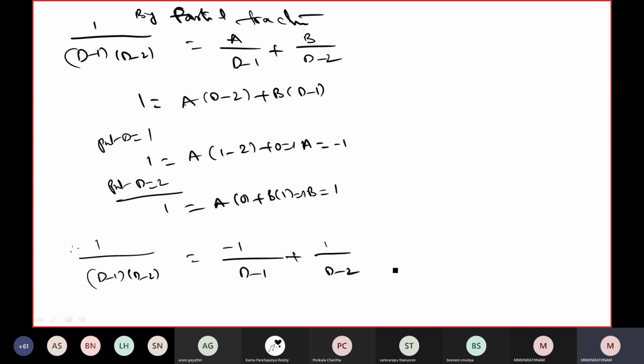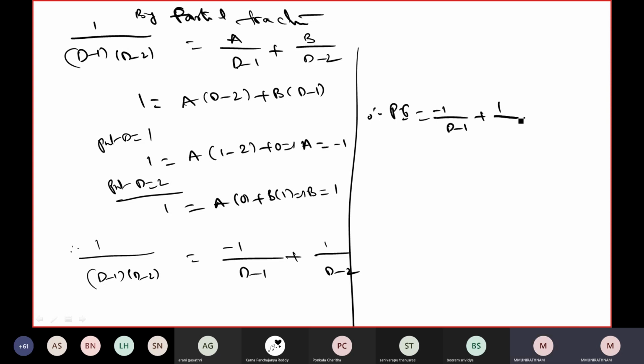So replacing, PI is (−1/(D − 1) + 1/(D − 2)) sin(e^(−x)).